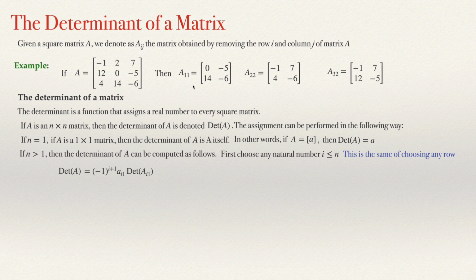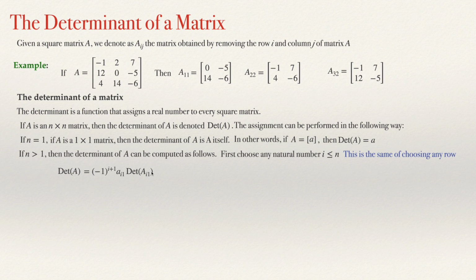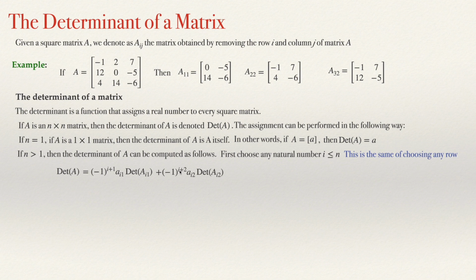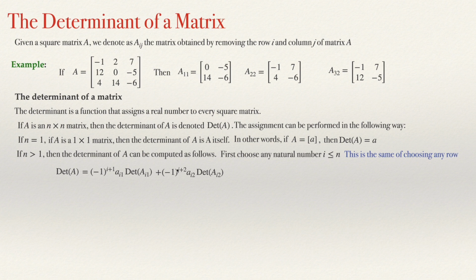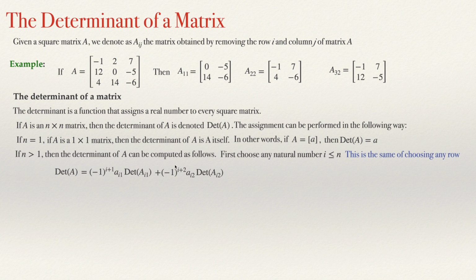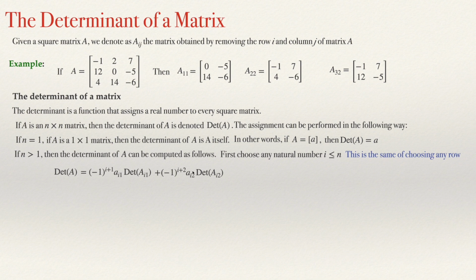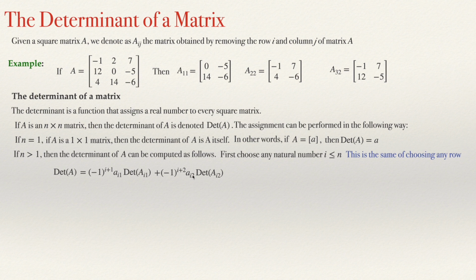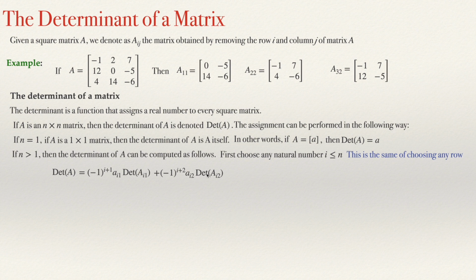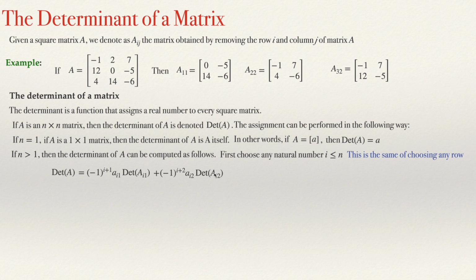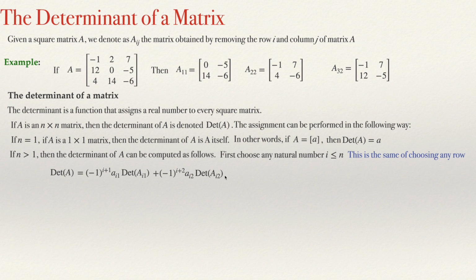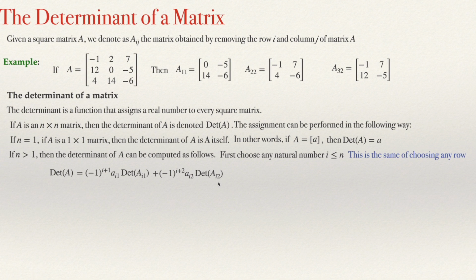We have defined this before, but this is not the only term. Now I need to add plus minus 1, again I plus 2. So the power now is I plus 2. The first term was I plus 1, now it's I plus 2. Multiplied by A sub I2, this is the second term in the row I. Multiplied by the determinant of the matrix in which I have eliminated from A the row I again, but now the column 2.